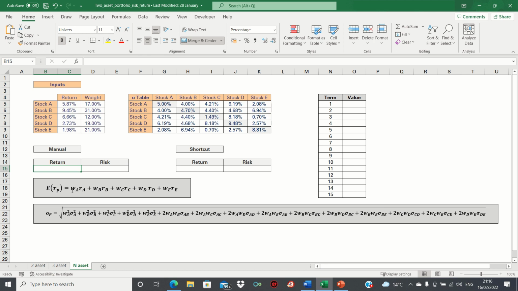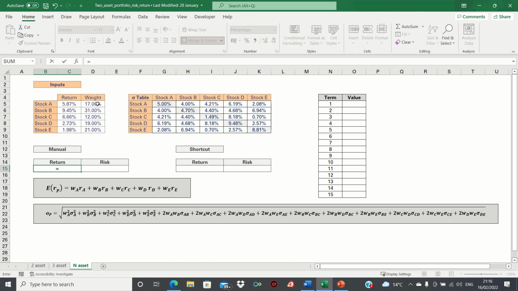As you can see, the expected return is calculated by taking the weight of stock A, multiplying this by its return, then taking the weight of stock B and multiplying it by its return, and so on for all stocks in our portfolio. To start, we type equals.